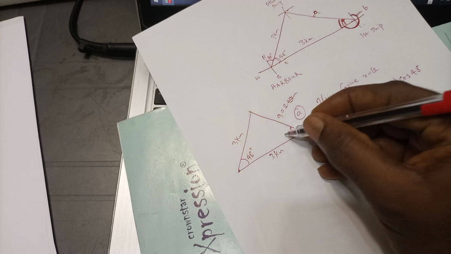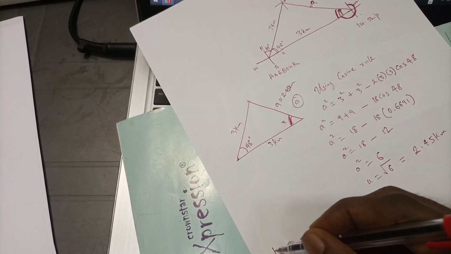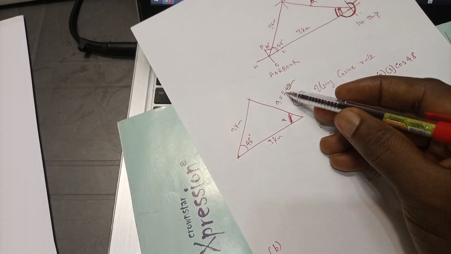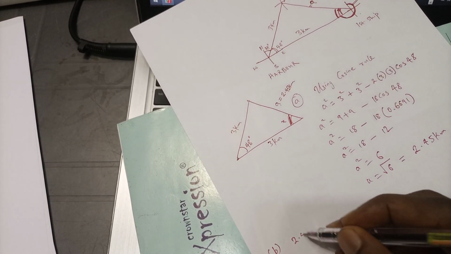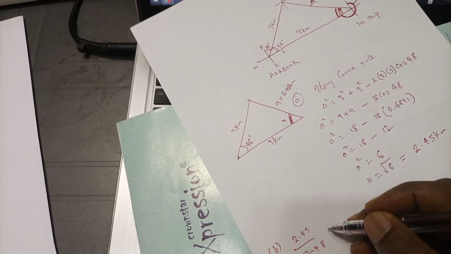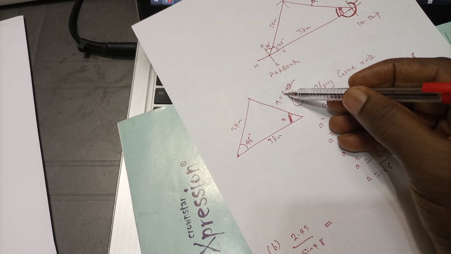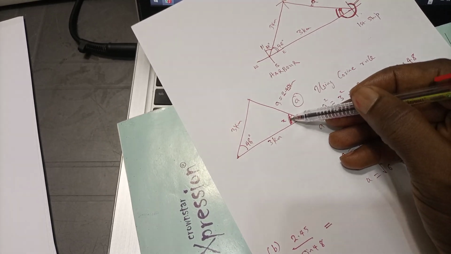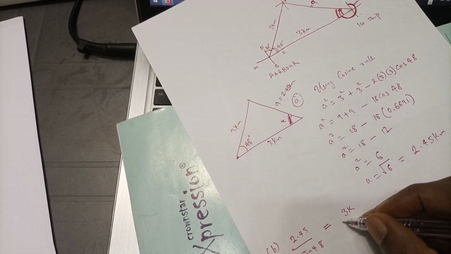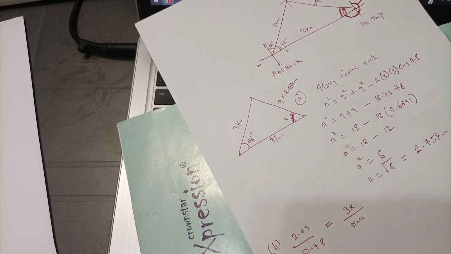Okay, let's call this S. So to solve the B part, we'll take 2.45 over sine 48 is equal to 3 kilometers over sine S.